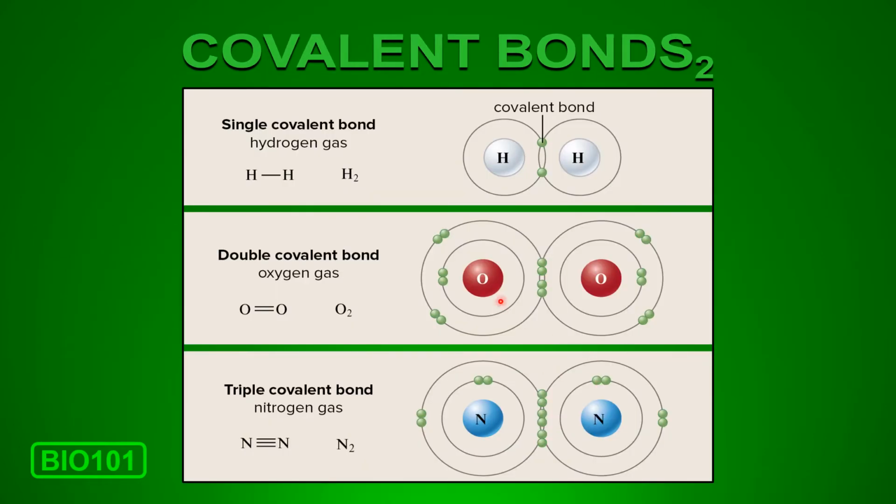They look like this. Single covalent bond, this is hydrogen gas, 2 atoms of hydrogen. Remember, each hydrogen has 1 electron, so they share the electrons between them, right?